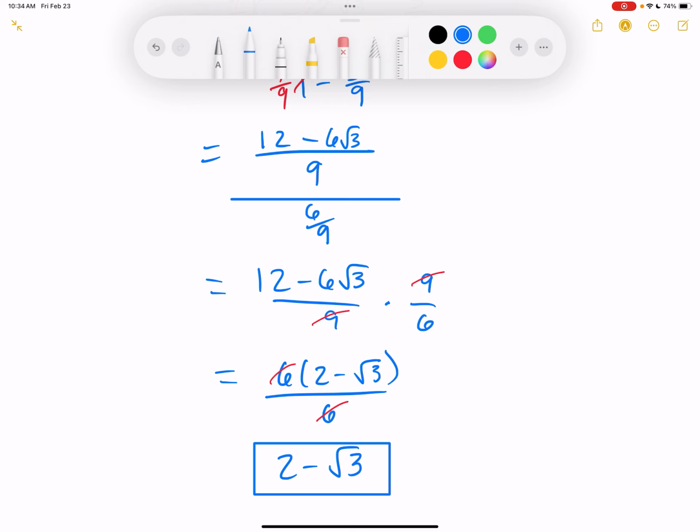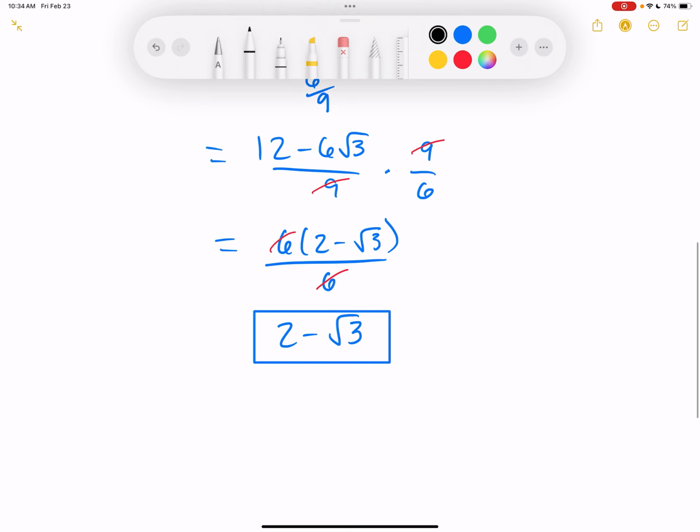Let's do a cosine one. Number 4. Cosine 75 degrees. So what two angles when added or subtracted can give me 75? 45 and 30.